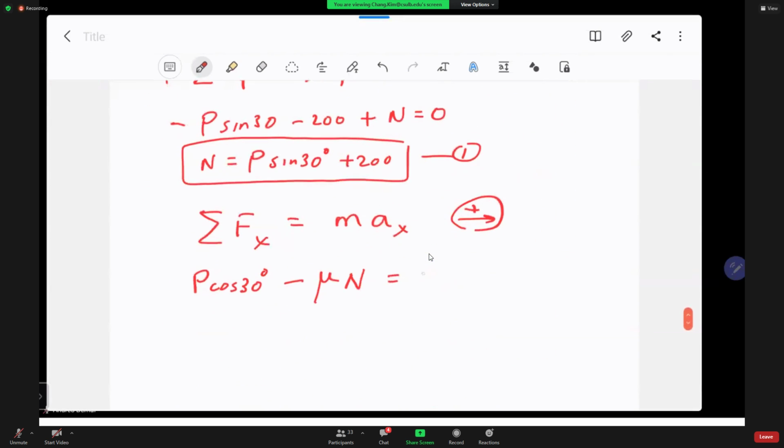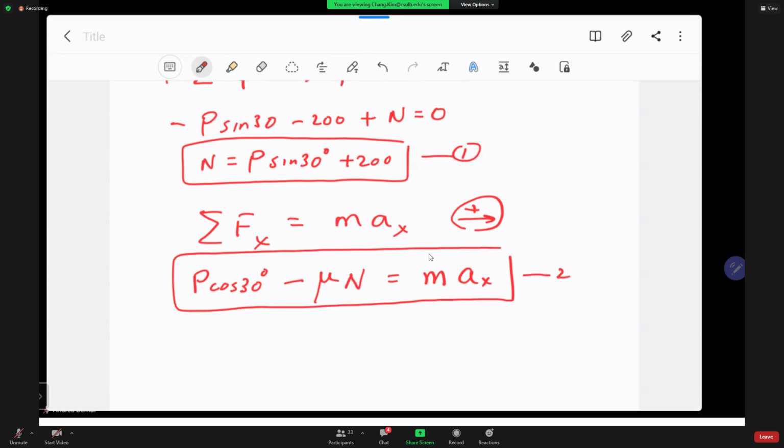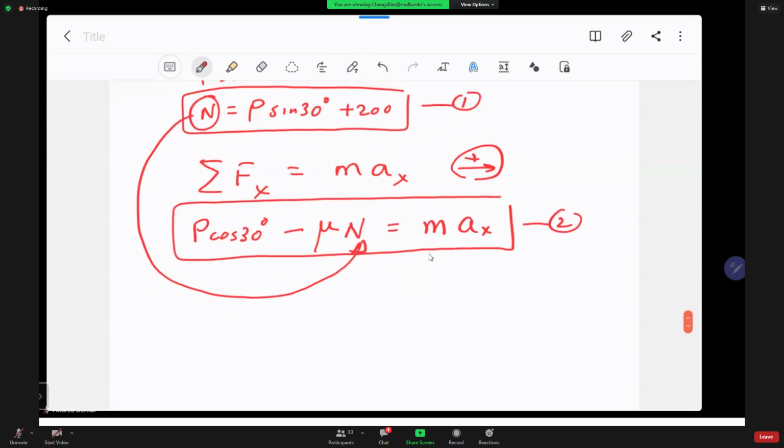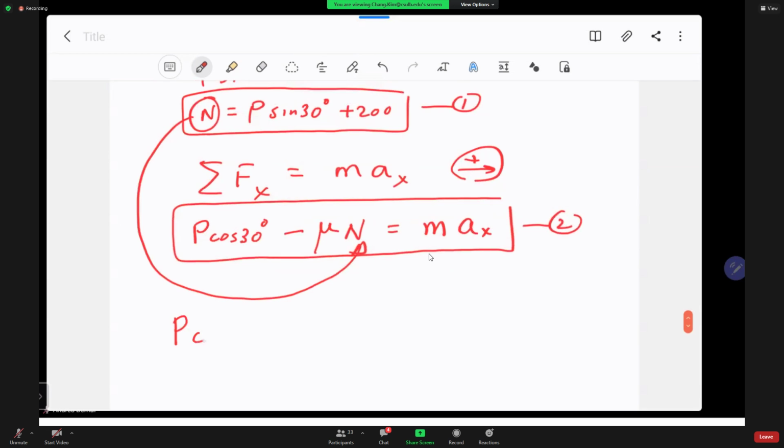So all I have to do is mass times acceleration in the x direction. So I have the second equation. I have N here, which I'm going to punch in here. So P cosine 30 minus mu, which is given, 0.25 I think, times N, which is P sine of 30 plus 200.